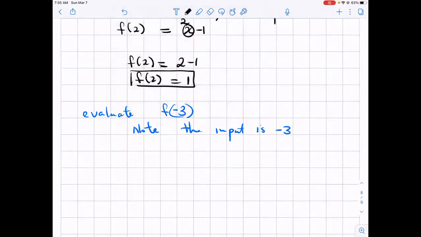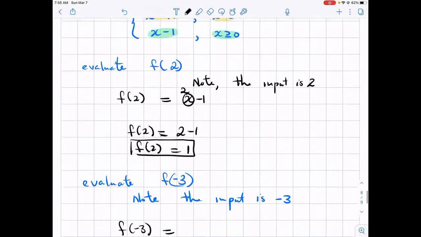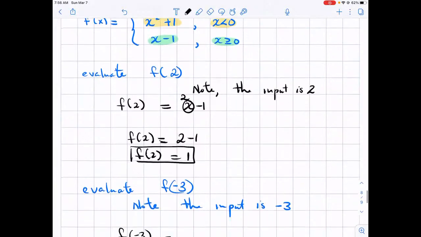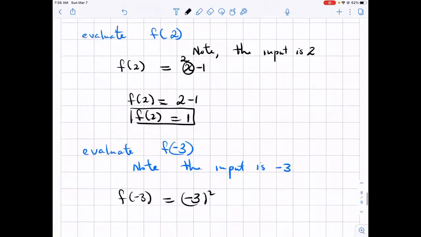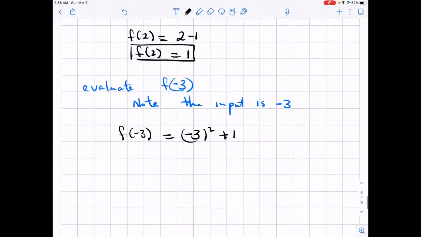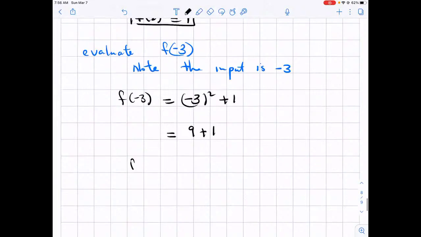So f of minus 3, now you have to use the other part of the function because minus 3 is less than 0. If we use minus 3 squared plus 1, which is equal to 9 plus 1. So f of minus 3 is equal to 10.